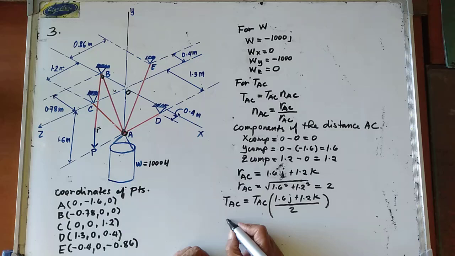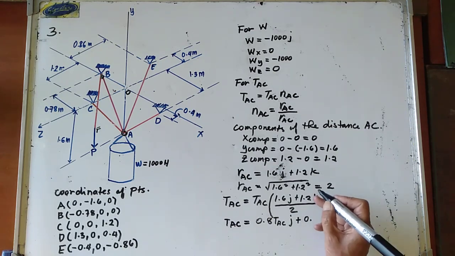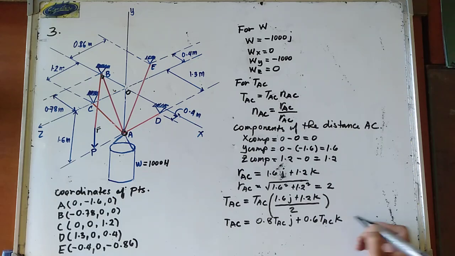And your TAC in Cartesian form is now equal to 1.6 over 2, which is 0.8 TAC j, plus 1.2 over 2, 0.6 TAC k.